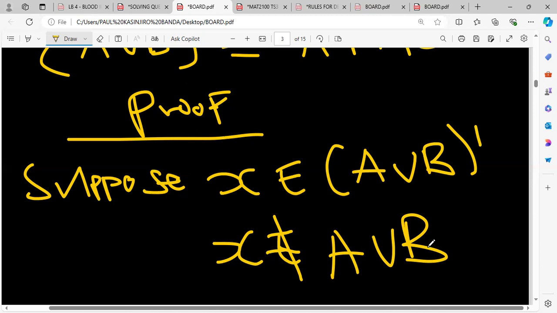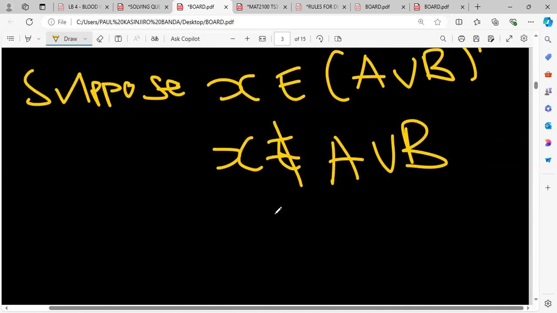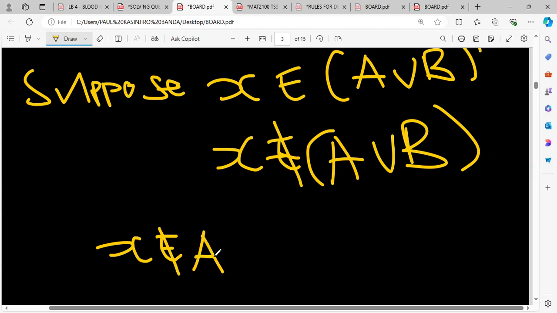Okay, and then what's the next step from here? If X is not a member of (A union B), we can actually expand this and say that X is not a member of A, and then we are saying union here.